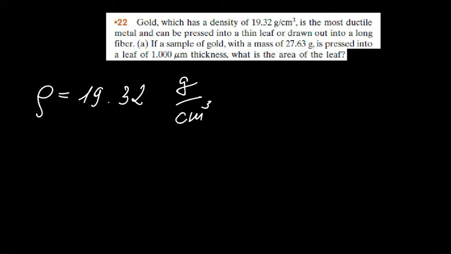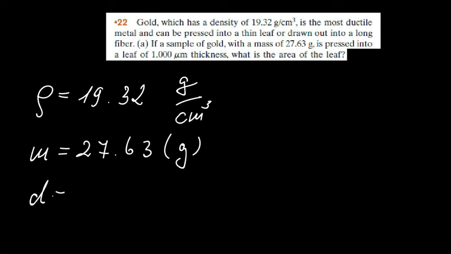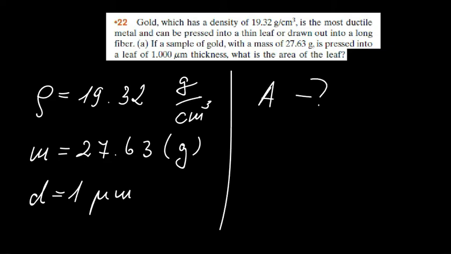If a sample of gold with a mass of 27.63 grams, so our mass is 27.63 grams, is pressed into a leaf of 1 micrometer thickness, so 1 micrometer, what is the area of the leaf? So we need to calculate the area.